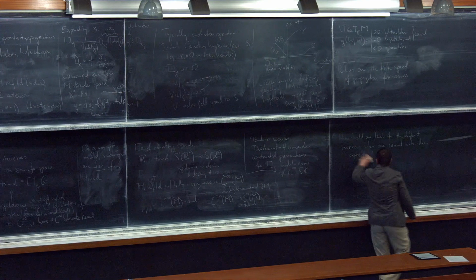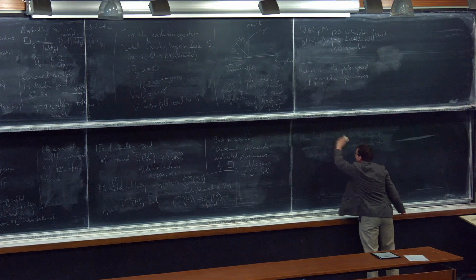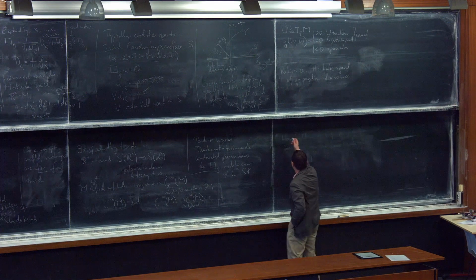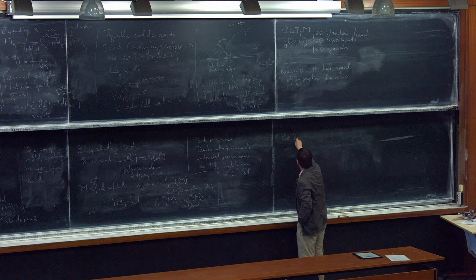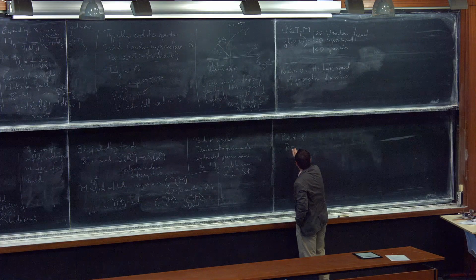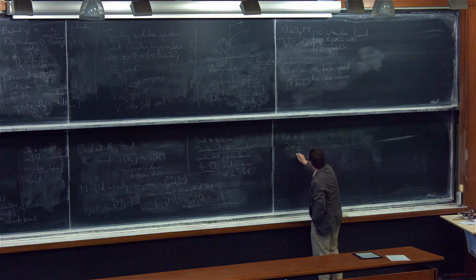OK, so maybe I should introduce a word here. So when you have a differential operator, so for example the wave operator, in local coordinates you write it as P equals a sum. So this is going to be the multi-index notation.